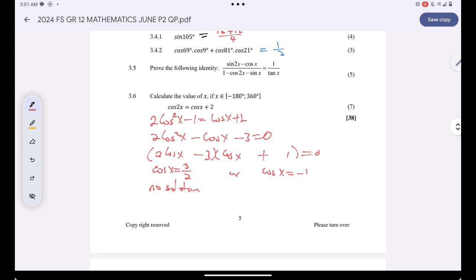Okay, our reference angle, we will simply say cos inverse 1. What do we get? We get 0 degrees. But our duty is to express the 0 degrees where cos is negative.